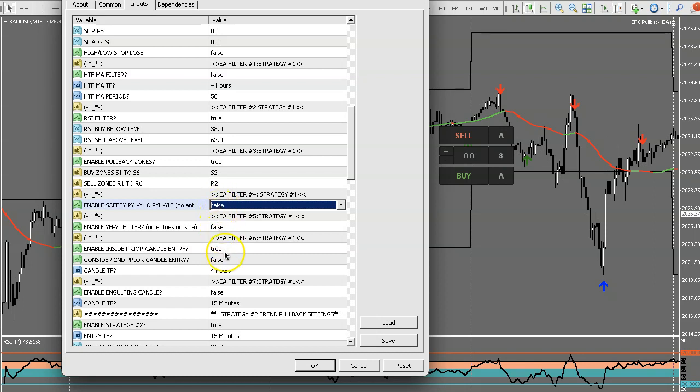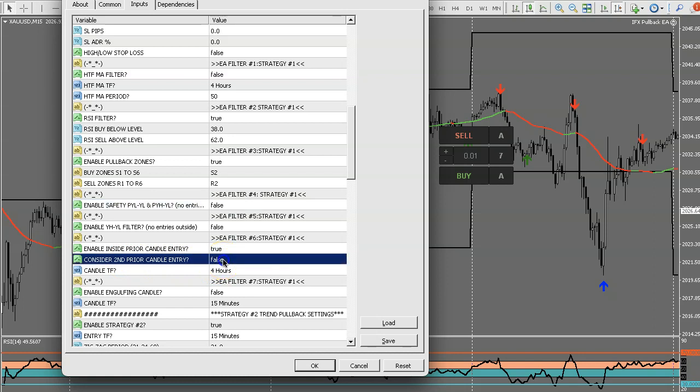Now, right here, this is filter number 6, inside prior candle. So very simple, what we talked about, is that we want to be inside the prior candle high and low. If you want to consider the second prior candle as well, then you can do so, and you can make it true in here, okay?